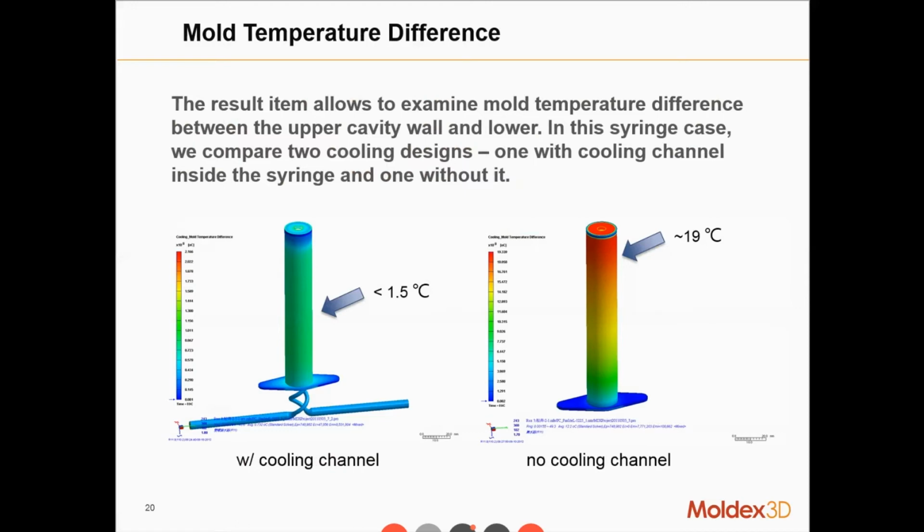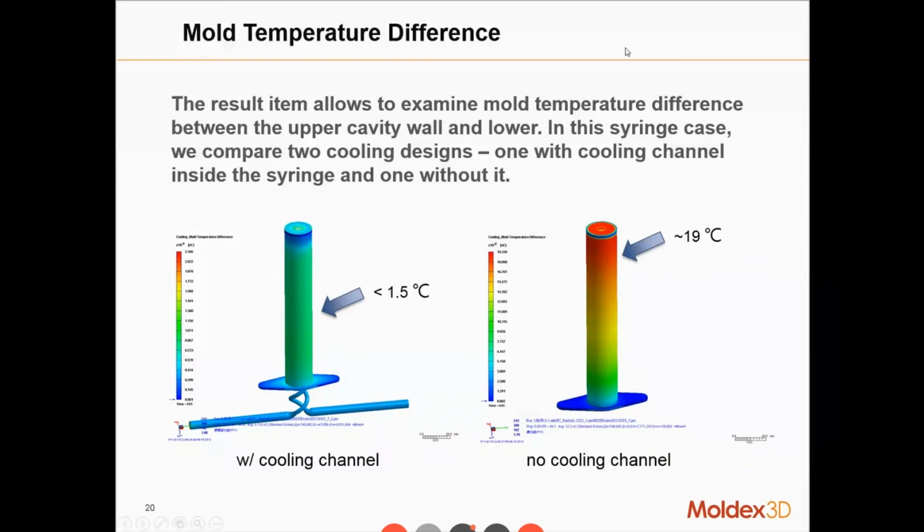Okay. The other one is mold temperature difference. Now, this is pretty much the same as the last one we talked about, but from a different perspective. Okay. So it gives us a direct value from the color bar. Okay. How large or how small the difference is between the upper mold and the lower mold. Okay. So maybe you want to have a tolerance of plus minus 2.5 degrees Celsius.